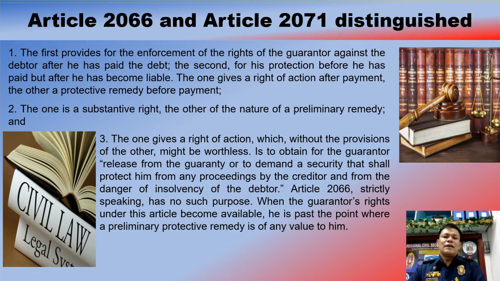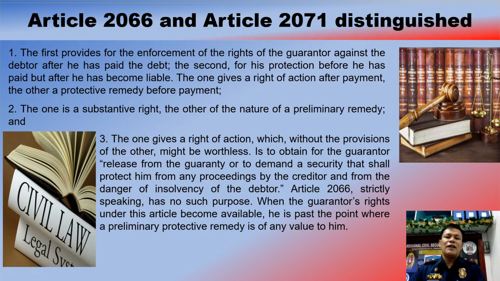The one gives a right of action after payment, the other a protective remedy before payment. Second, the one is a substantive right, the other of the nature of a preliminary remedy. And third, the one gives a right of action which, without the provisions of the other, might be worthless.